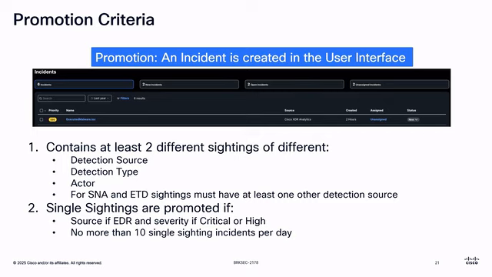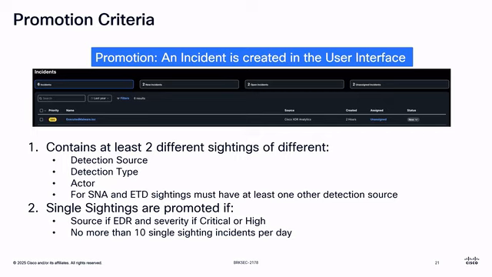We found that certain data sets, predominantly what that meant was SNA core engine events and sightings out of ETD, weren't of sufficient fidelity to create alerts based solely on themselves.